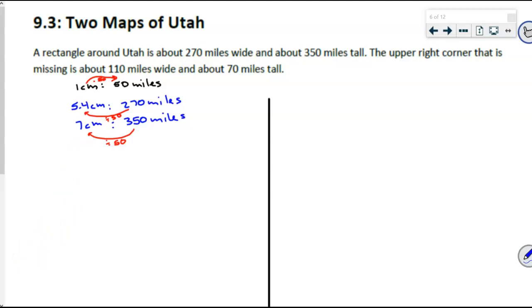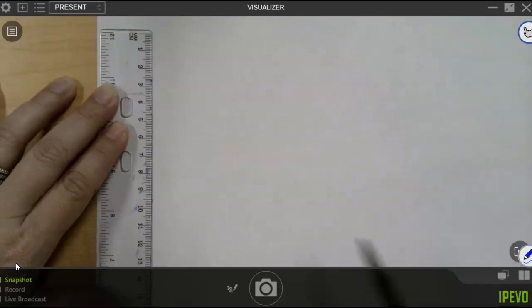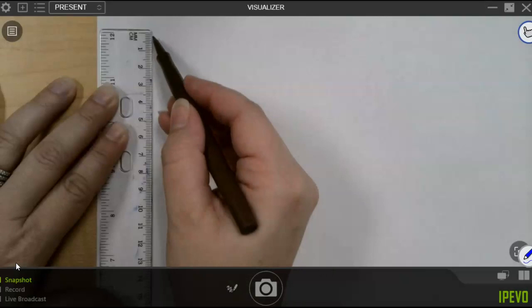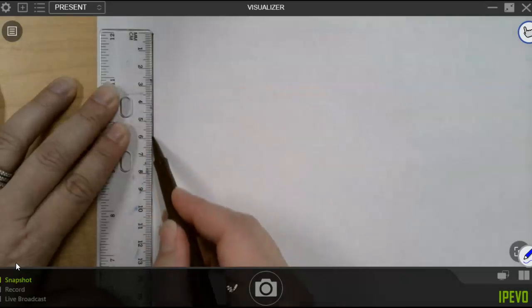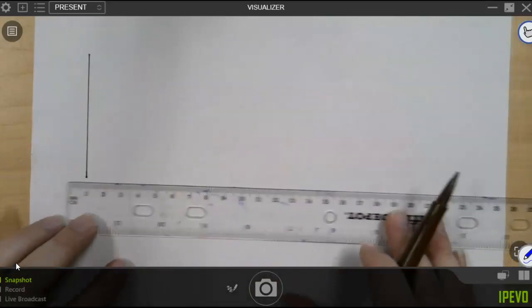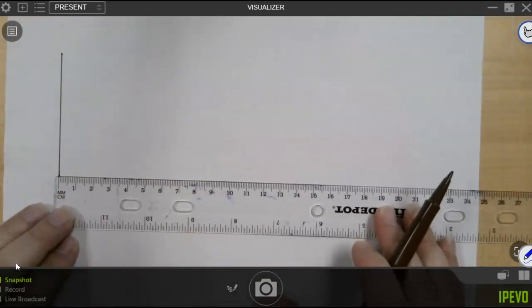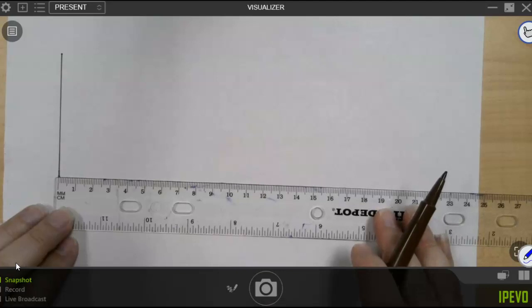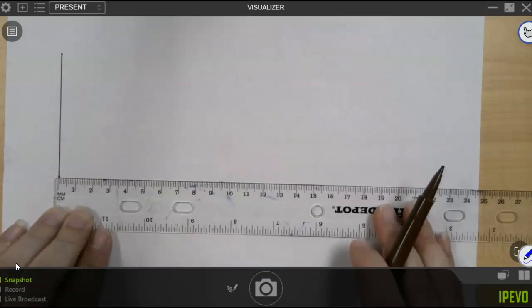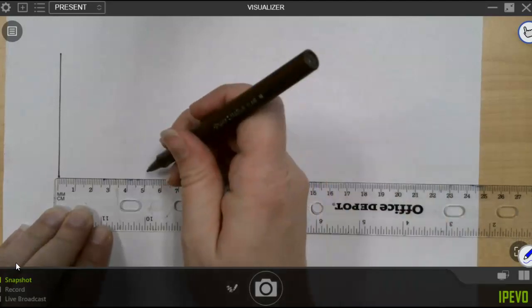Ready, set, go. All right, this is what you should have done on your paper. We're going to be drawing a height of 7 centimeters and a width, trying to make a right angle here. But without a protractor, it's not going to be super perfect. But now this is going to be a width of 5.4 centimeters.